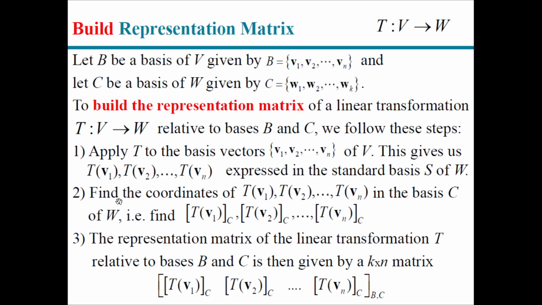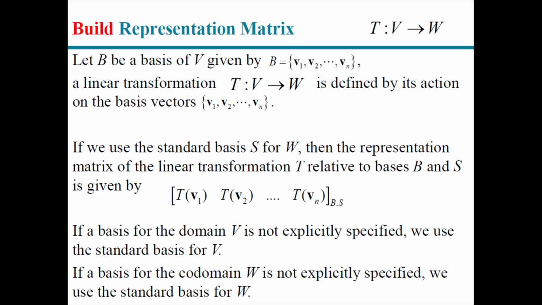And then the last step is to find the coordinates of those vectors in the basis C of the codomain. Once we find them, you just put them into a matrix in columns, and that's our representation matrix relative to basis B and C. So that's a general principle.